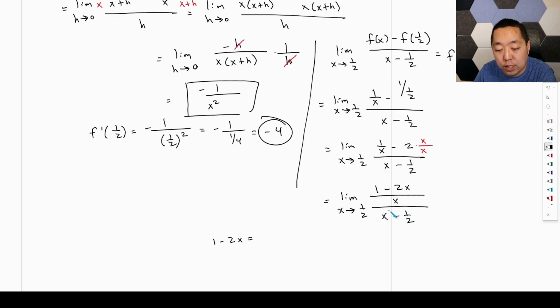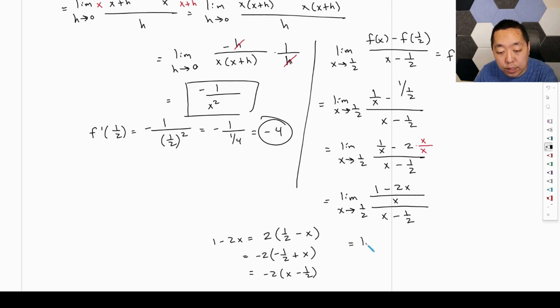You could just multiply the denominator by 2 and the numerator by 2, or you can factor out a 2, and then this would be 1/2 minus x. Or if you factor out a negative 2 or multiply by negative 1, then it would be negative 1/2 plus x, right? And that would be x minus 1/2.